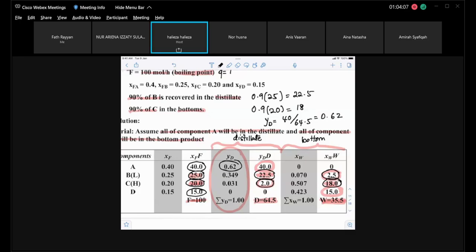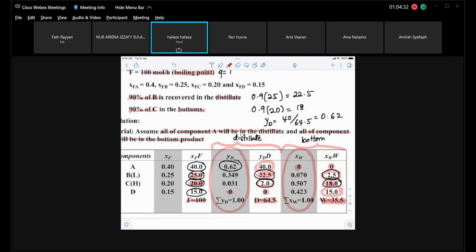And you do the rest. Obviously, there is no component D in the distillate, so it's 0 for component D. Okay, that's easy. And then you also assume that there is no component A in the bottom product, so that's 0 there. You do the rest for the composition of the bottom product, and you sum it up, it should be 1. So that is how you get your composition.